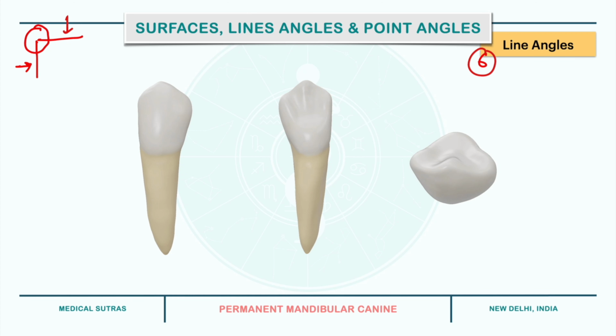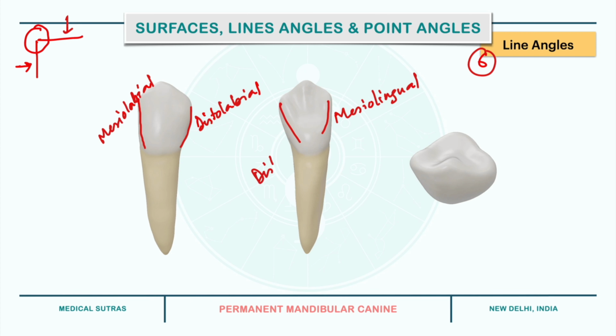The line angles include mesiolabial, formed by the mesial and labial surface, distolabial, formed by the distal and labial surface, mesiolingual, formed by the mesial and lingual surface, distolingual, formed by the distal and lingual surface, labio-incisal, formed by the labial and incisal surface, and linguo-incisal, formed by the lingual and incisal surface.